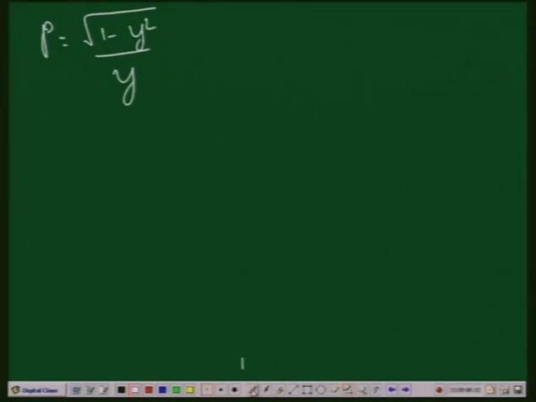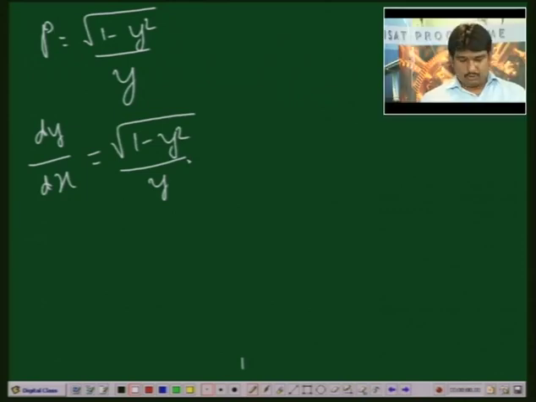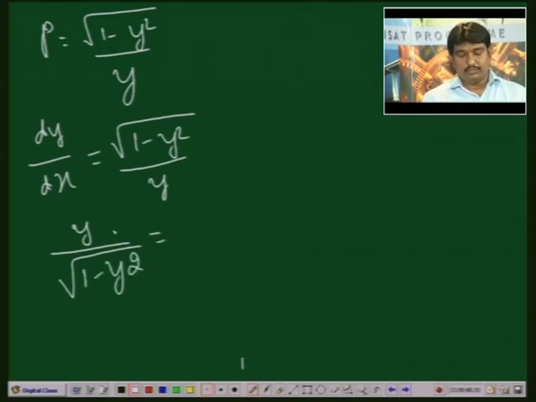Now, p is what? Dy by dx. Dy by dx equals to root of 1 minus y square divided by y. Apply method of separation of variable technique. You can write this as y into root of 1 minus y square into dy equals to dx.